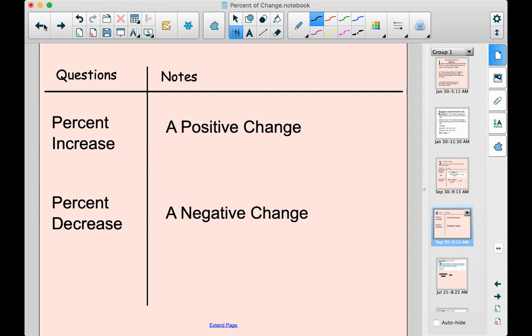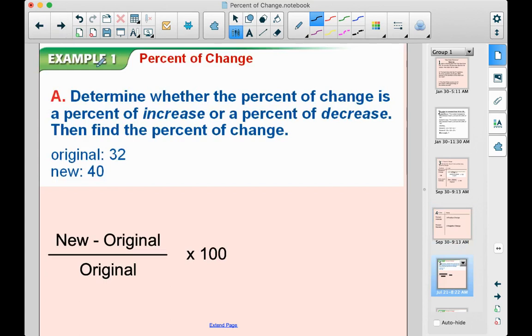If the number is going down, the way you're going to say that is you're going to label that a percent decrease. So if the number goes up, it's a certain percent increase. If it goes down, it's a decrease. So you don't need to worry about positives and negatives. Just consider how much it changed, what the original was, and then if it went up or down. You'll see that in the examples.